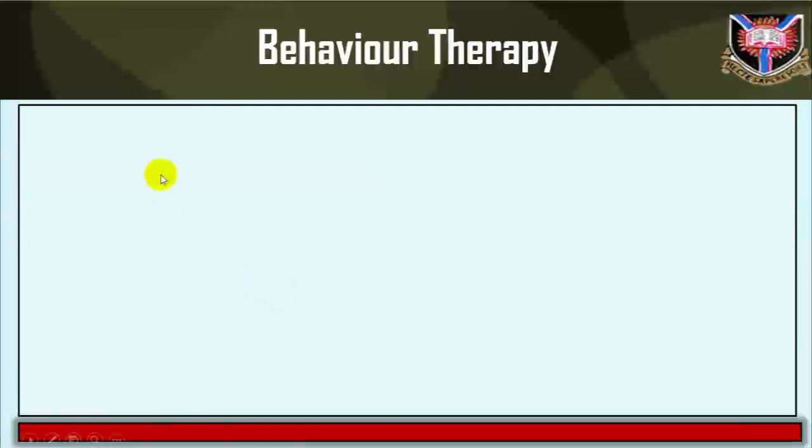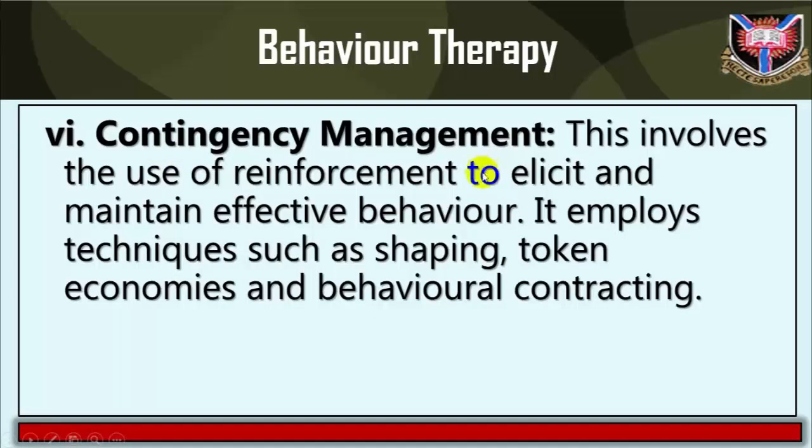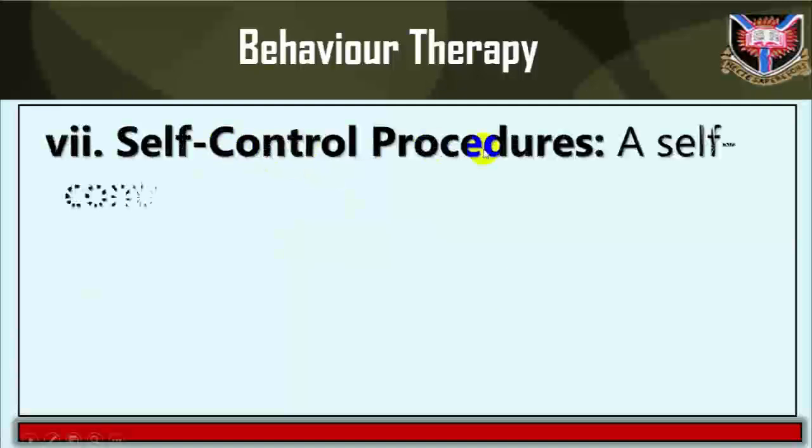Contingency management. This involves the use of reinforcement to elicit and maintain effective behavior. It employs techniques such as shaping, token economies, and behavioral contracting. Self-control procedure.